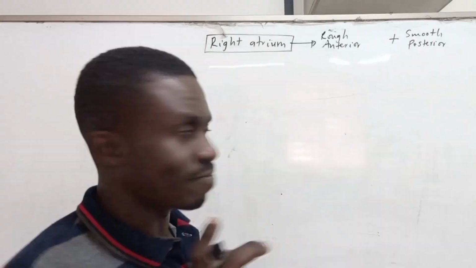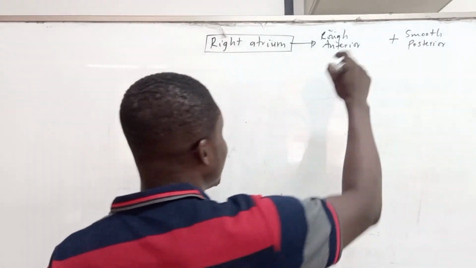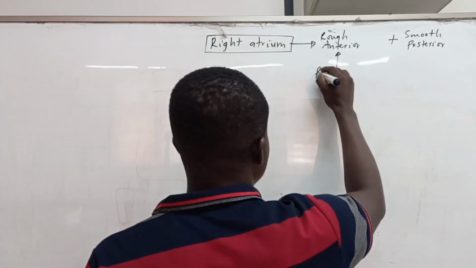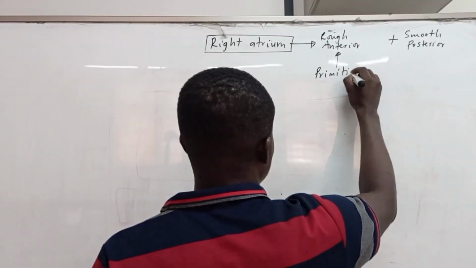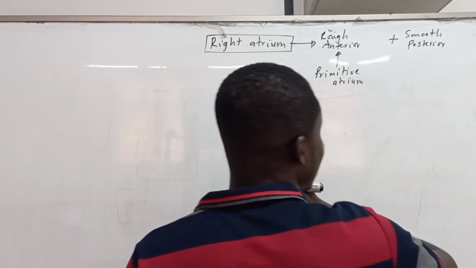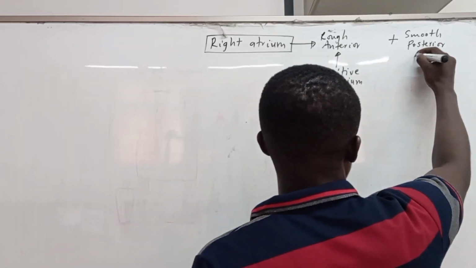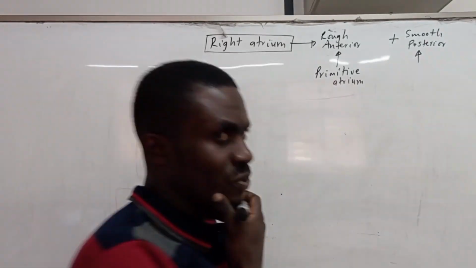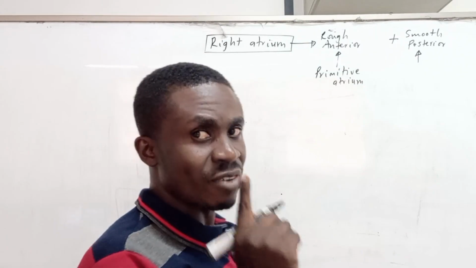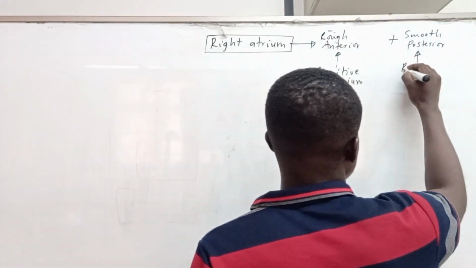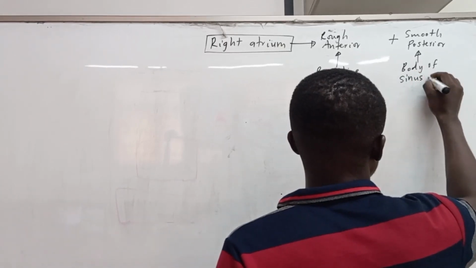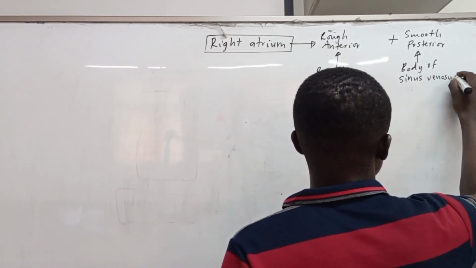The rough portion, as I told you, for the right atrium, just like for the left, will be coming from what we call primitive atrium. While the smooth posterior portion, unlike that of the left, which comes from absorption of the four pulmonary veins, that of the right will be coming from the body of sinus venosus.